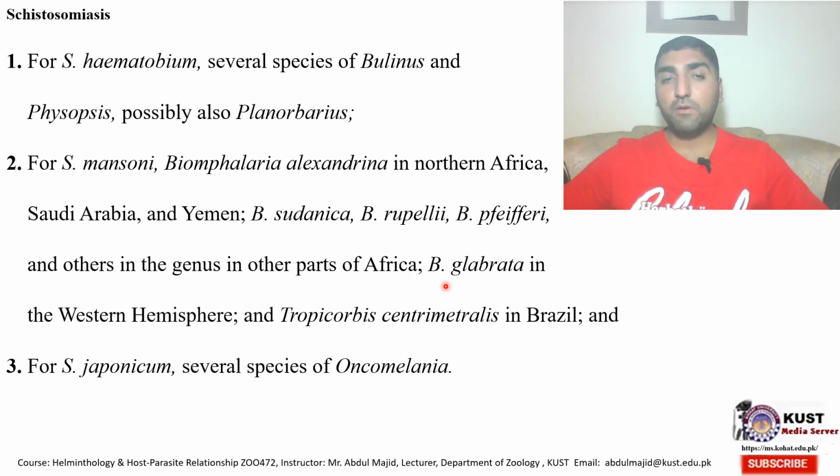Then there is Biomphalaria glabrata in the Western Hemisphere, and Tropicorbis centimetralis in Brazil. Then for Schistosoma japonicum, there are several species of Oncomelania.